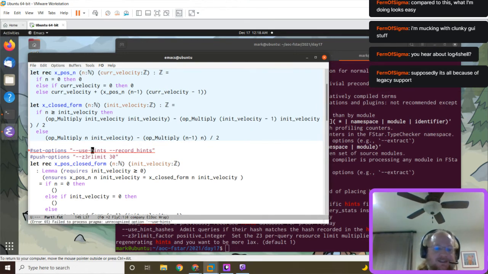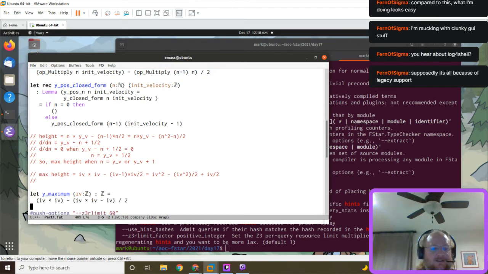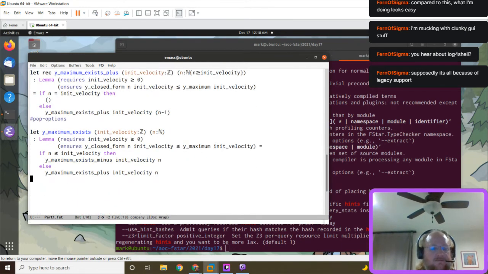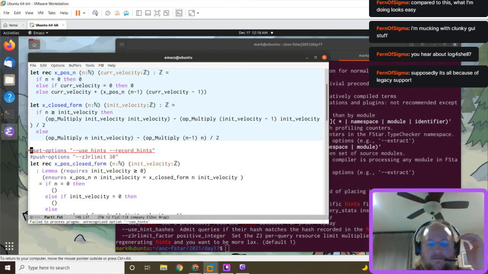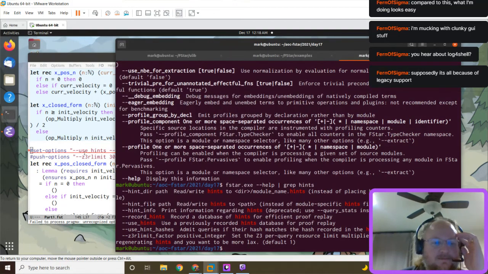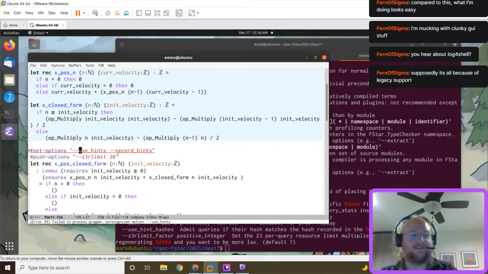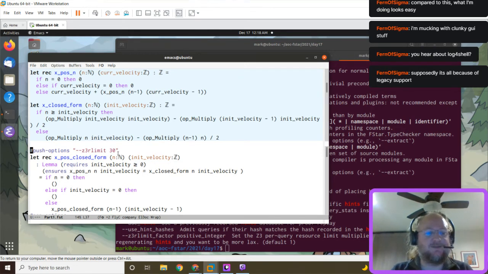Oh, underscore. Right, there we go. Well, that sucks. All right, so we've got to do it in the Emacs way.